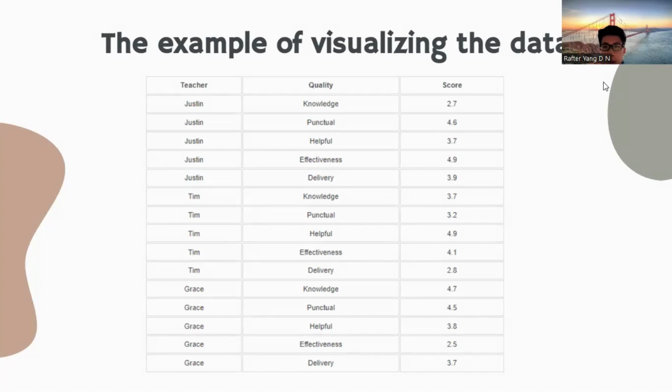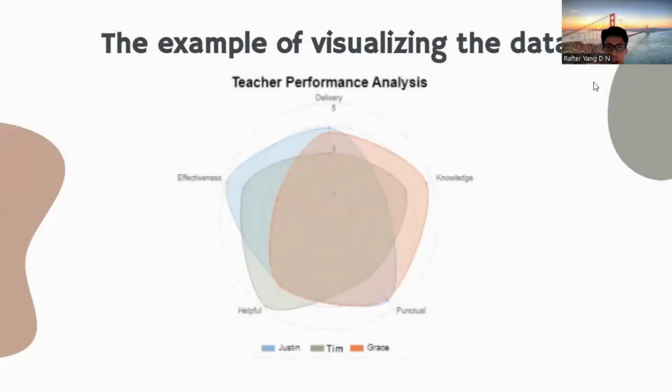By looking at the raw data here, it's quite hard to process it and know what it means. Therefore, we decided to visualize the data into a chart, and here's the result. There are three colors representing individuals Justin, Tim, and Grace.